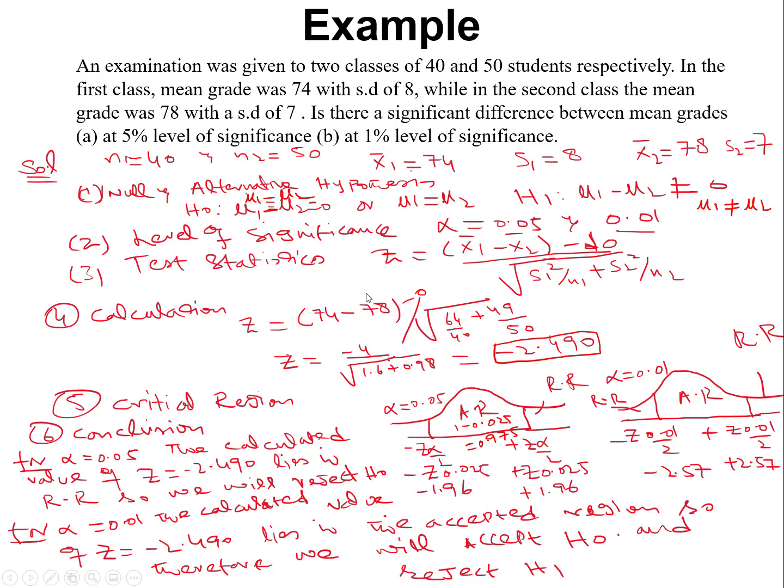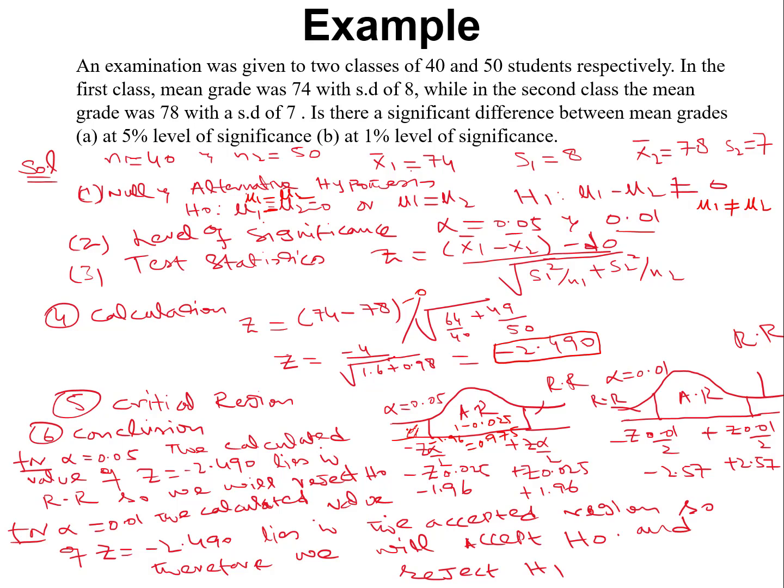So for 5%, is our null hypothesis accepted or not? This is the conclusion. For 0.05, the calculated value of Z is minus 2.490. So where is minus 2.490, because this is plus 1.96 and this is minus 1.96?